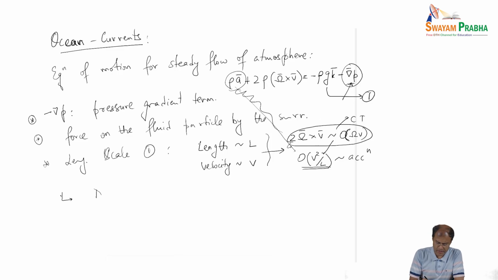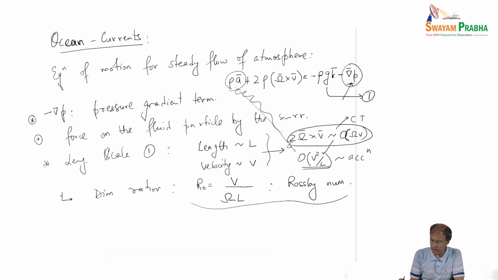So we have a dimensionless ratio which is given by Ro equal to V by omega L, the so called Rossby number. So this measures the overall strength of the Coriolis term compared with the other acceleration terms.